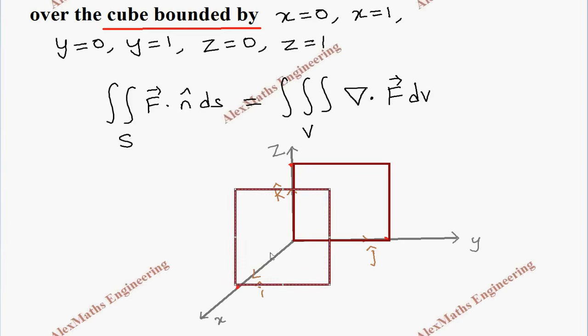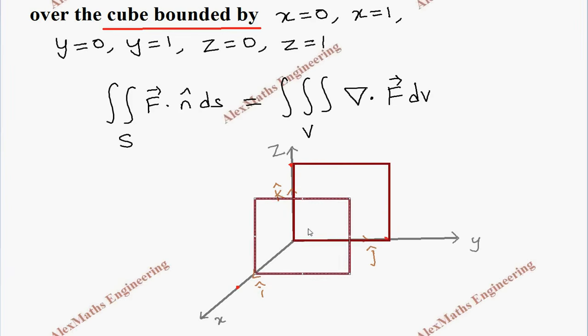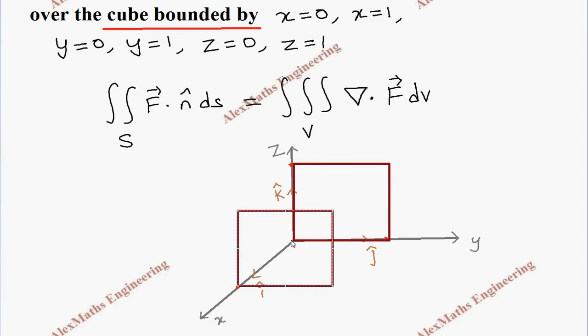Then it has to be the same size, so I take the same size as this and move it here. Then I have to complete the cube by joining these lines. So we got a cube.